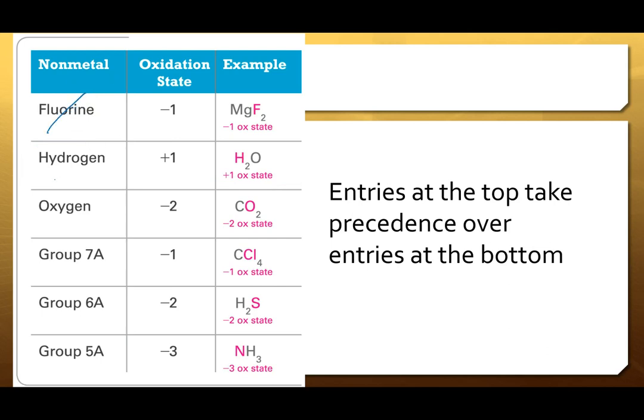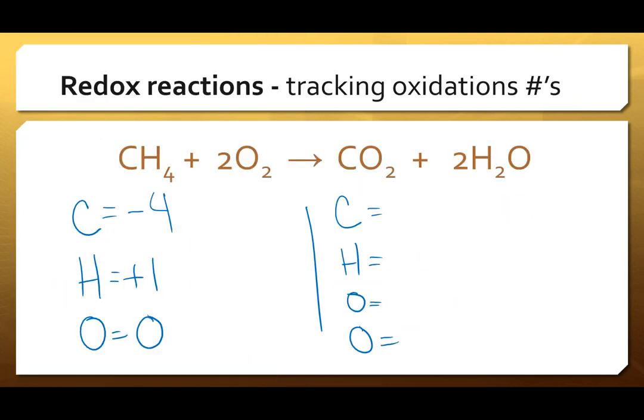It's not fluorine, it's not hydrogen. Oxygen is more important than carbon, okay? So each oxygen is going to have the oxidation state of -2. And again, there's 2 of them, so oxygen brings -4 to the table. So what's the oxidation state on this carbon? Yeah, it's got to be a +4 in this case.